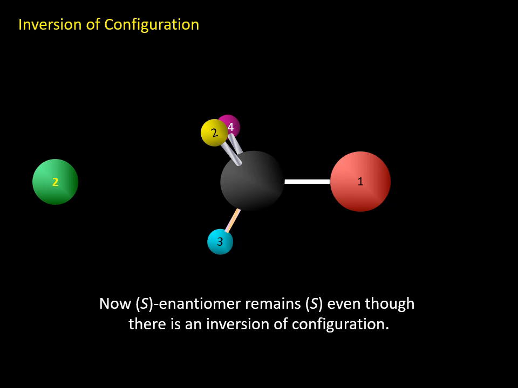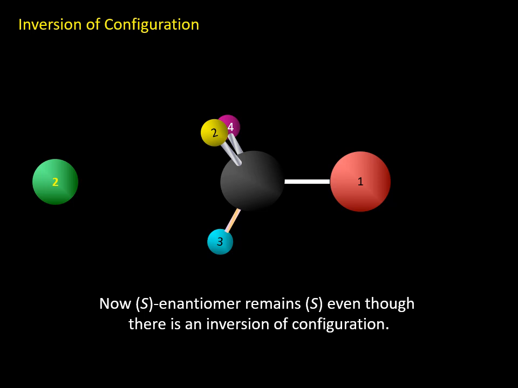Let's see now what happens if the priorities are not the same. What happens now if the leaving group is still the highest priority, priority 1, but the incoming substituent will have priority 2. So one of the remaining substituents that had priority 2 will become the substituent with priority 1, and the incoming substituent will become the substituent of second highest priority, priority 2.